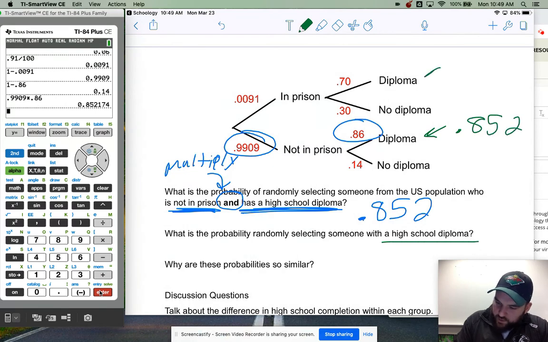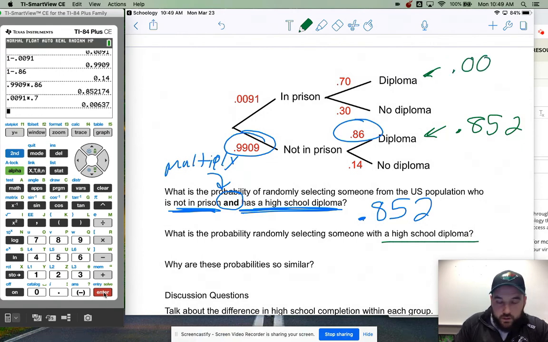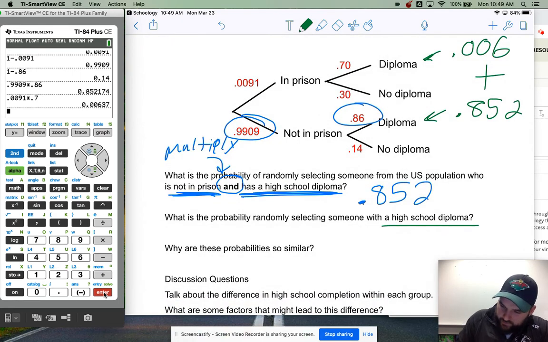We just have to figure out what percent of the entire US is in prison with a high school diploma. So we'll do 0.0091 times 0.7, and that's 0.006. Then to answer the second question, I'm going to add those up: 0.006 plus 0.852, a little bit of rounding going on here, is 0.858.